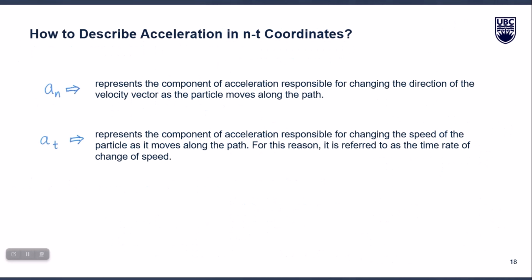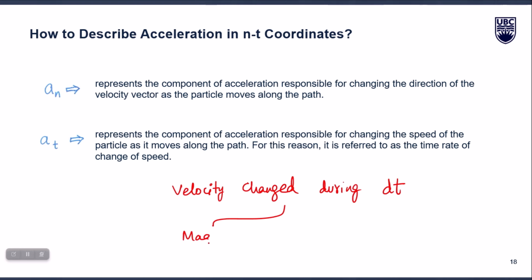So if we say that the velocity changed during the time dt, and that change occurred both in magnitude and direction, so the magnitude also changed, right, and the direction also changed, right?